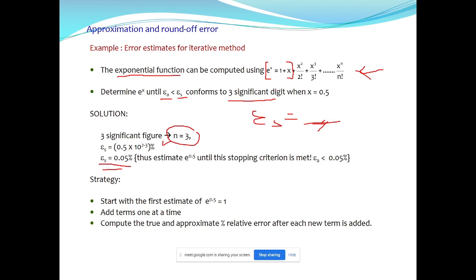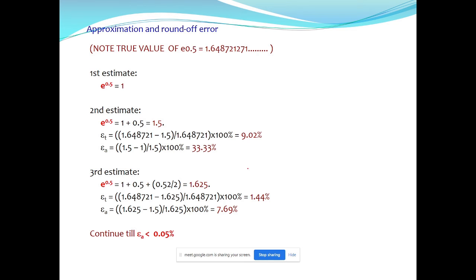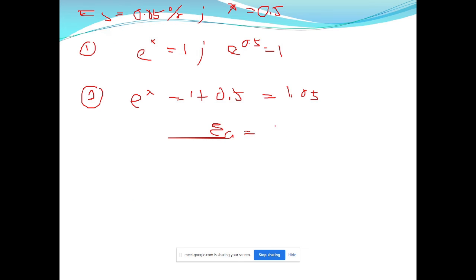Yang kat sini kamu boleh buat dia punya EA. Sebab kita ada ES. So EA, tengok EA dia 1.5 tolak 1, bagi 1.5, dikali dengan 100.